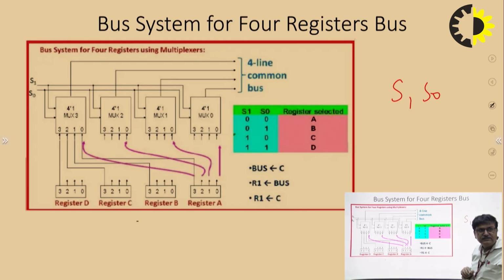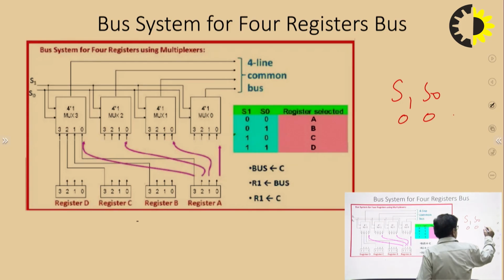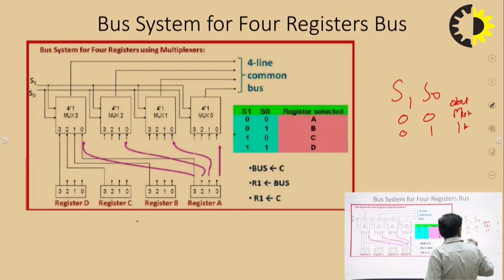If they are 0 0, then input 0 of the mux is selected. If 0 1, then input 1 of the mux is selected. If 1 0, the second input of the multiplexer is selected. If 1 1, the third input of the multiplexer is selected. We start from 0 to 3.